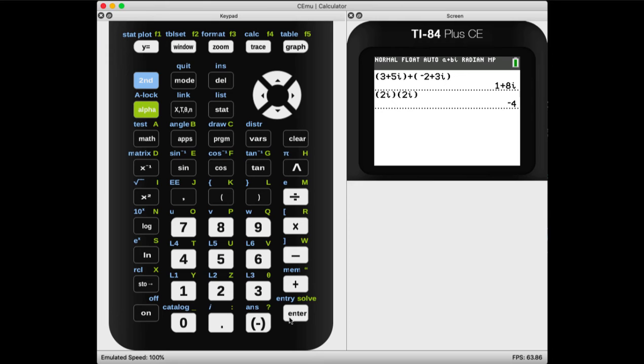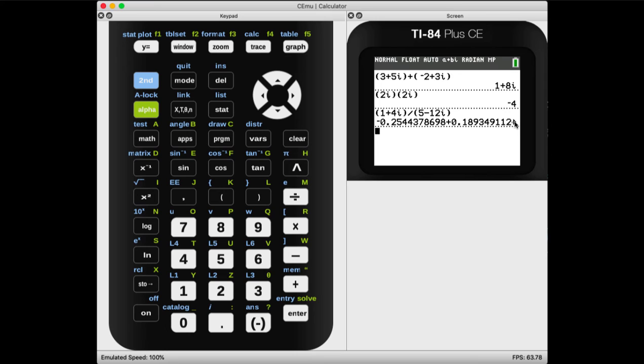If we take the last example we did, 1 plus 4i divided by, and make sure your denominator is in parentheses. We do that. If we hit enter, we get this really ugly looking thing, right?